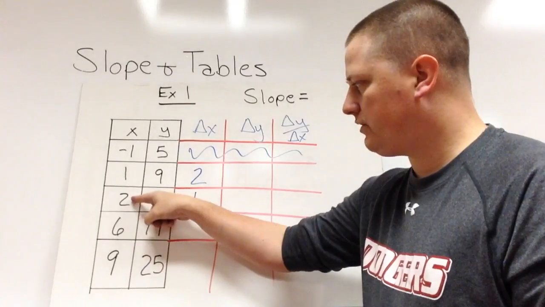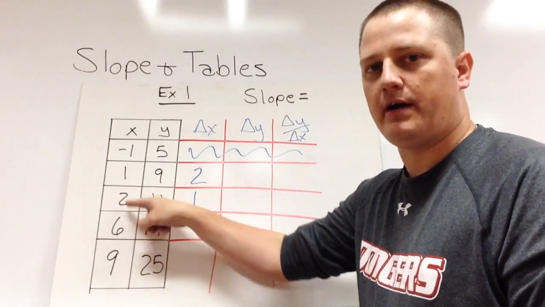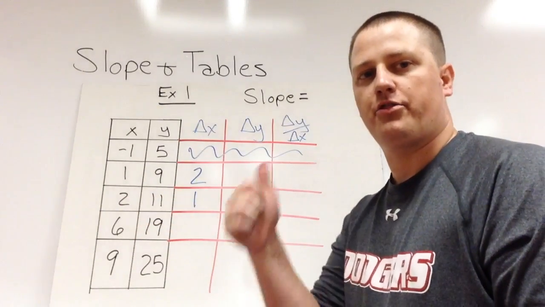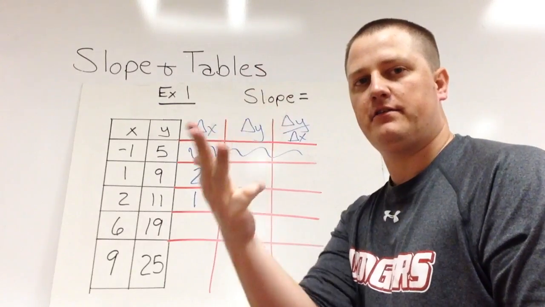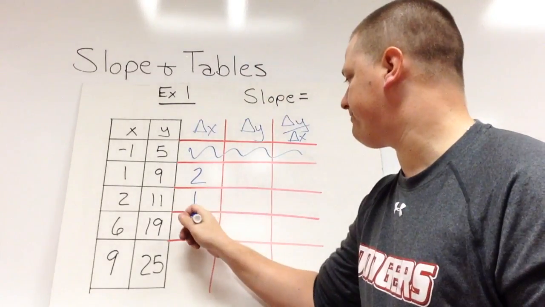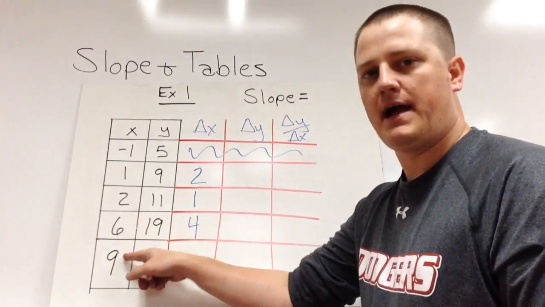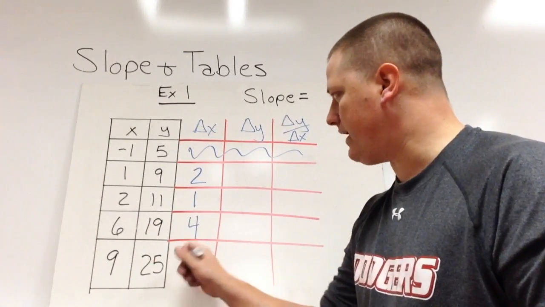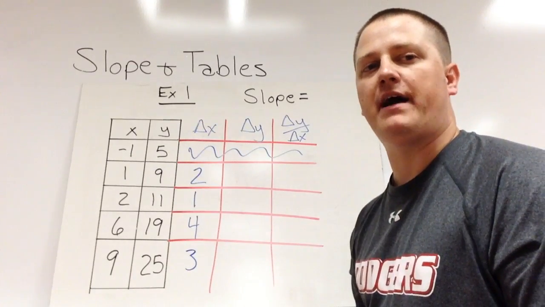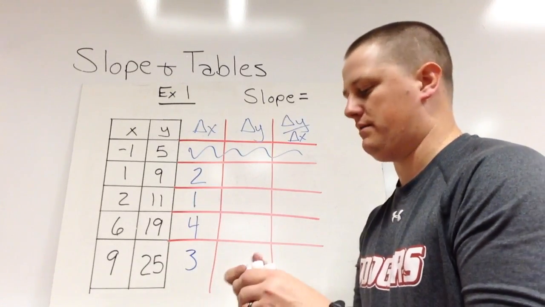Now we're at 2, we're going to move to 6. So how far is it from 2 to 6? 3, 4, 5, 6. So we're 4 away. And then we go from 6 to 9, which would be 3 away. Think of how we can find that a little bit quicker than just counting.